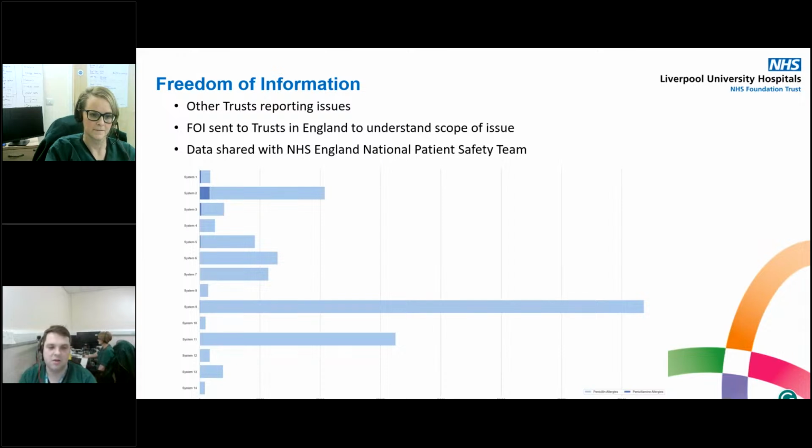How many penicillin allergies have you had recorded? So the light blue bar is penicillin allergies, the darker one is penicillamine, and then we asked what supplier everyone was on. I've not put the names of the suppliers on, but you can see there are particular issues with some suppliers. It's non-existent with some suppliers, but some do have this issue. So next slide, please.